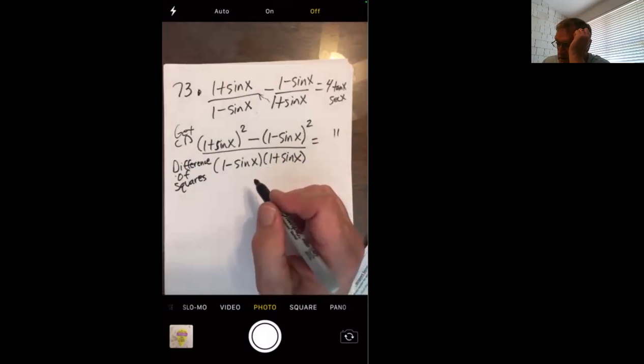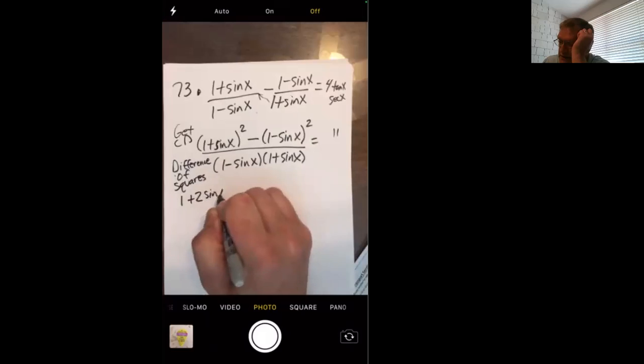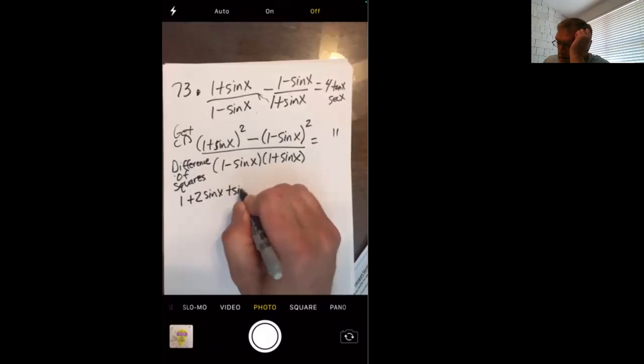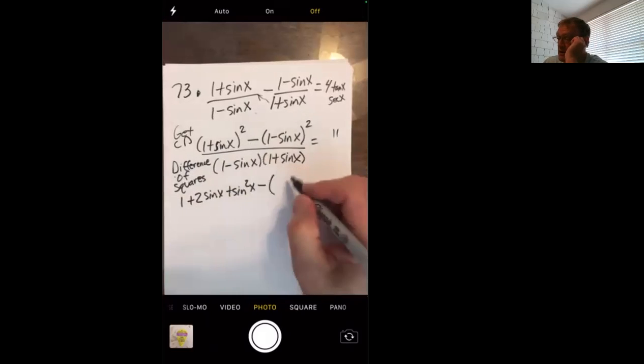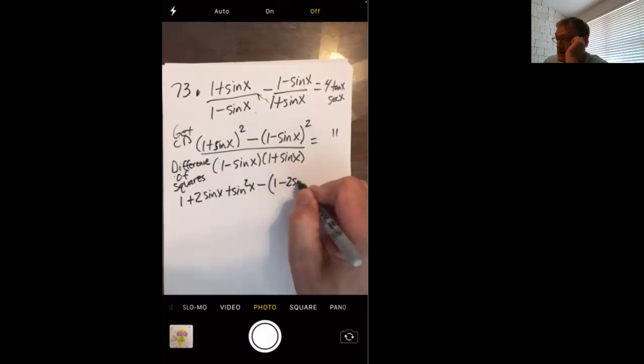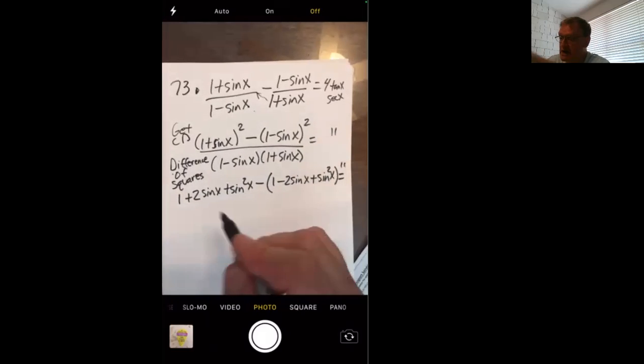Okay, you're good FOILers. 1 plus twice sine x plus sine squared. Subtract, big parentheses because this distributes: 1 minus twice sine x plus sine squared, equals stuff on this other side.